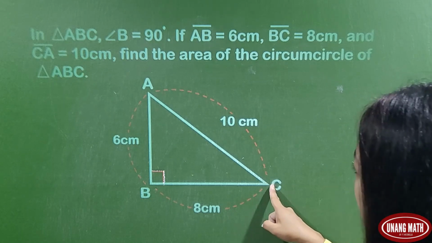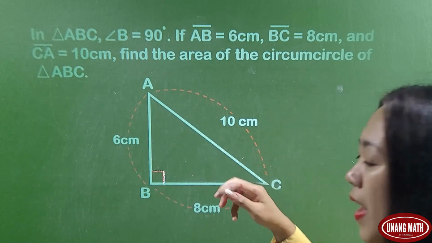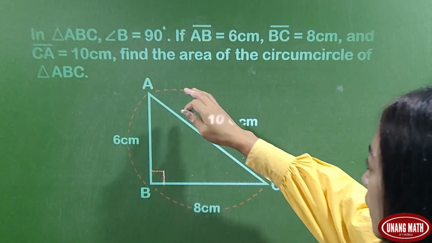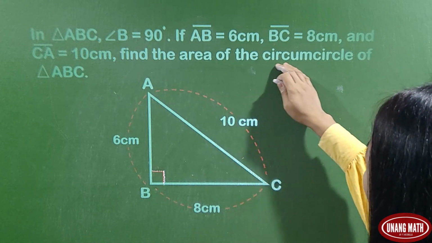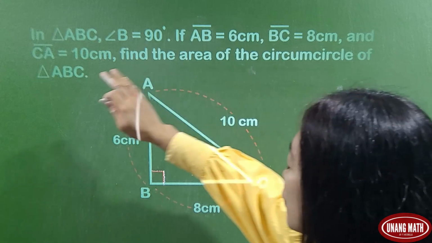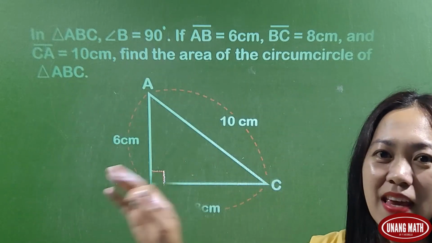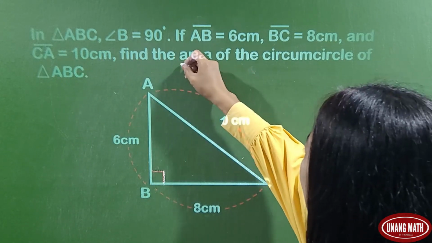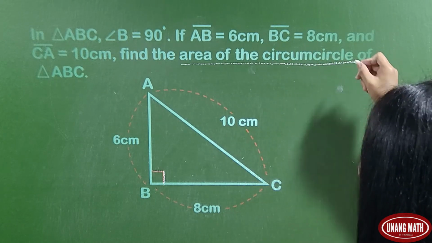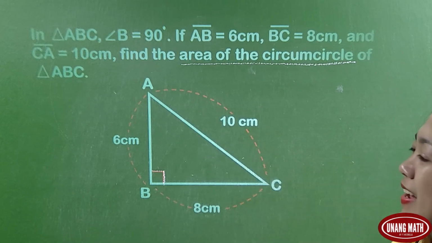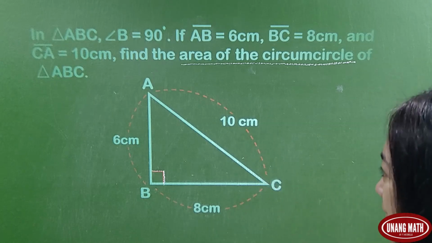Take note, segment CA here is our hypotenuse. The question is, we will find the area of the circumcircle of triangle ABC.